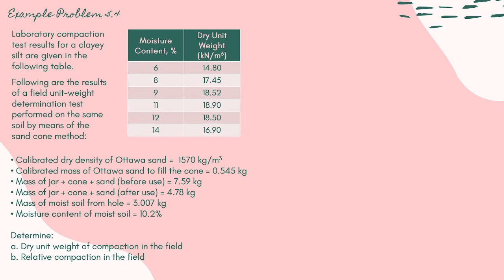So for the next example problem, laboratory compaction test results for a clayey silt are given in this table. So we have the moisture content and then the dry unit weight. And following are the results of a field unit weight determination test performed on the same soil by means of the sand cone method.